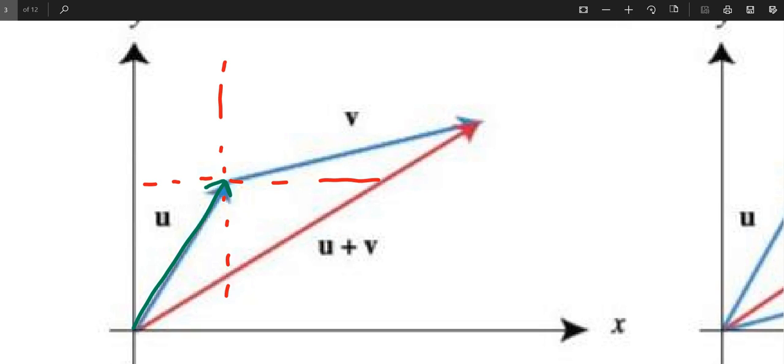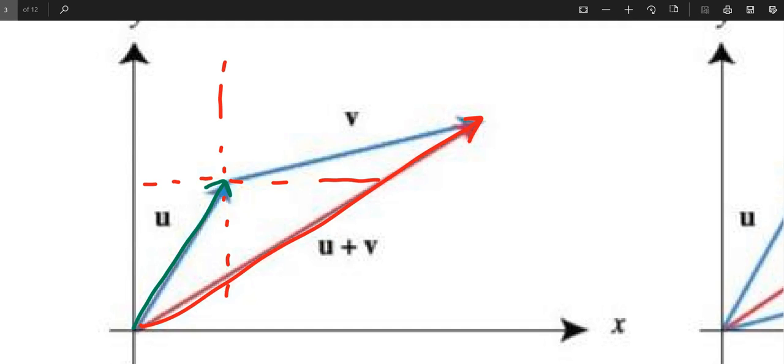When you add two vectors, you basically connect one to the tip of the other. So for instance, you see that I drew kind of like a new x and y axis at the end of vector u. And then you are measuring vector v from that new starting point.